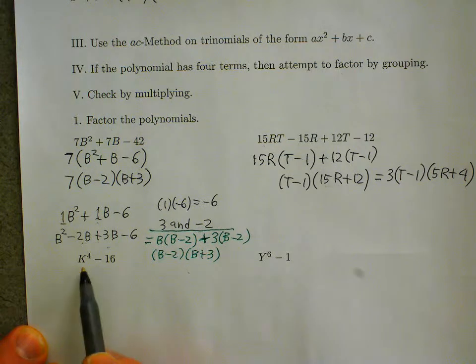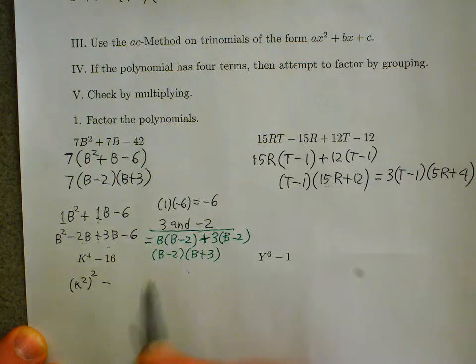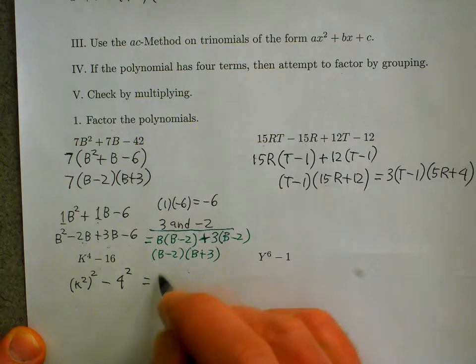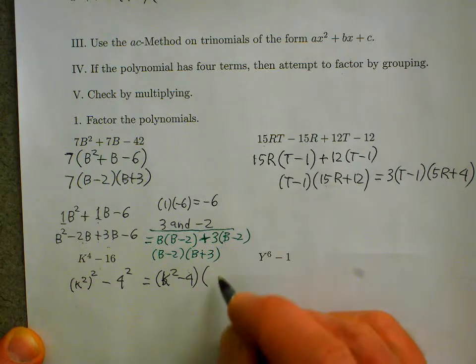But if you think of k to the 4th as k to the 2nd to the 2nd, and think of 16 as 4 to the 2nd, then factor this as a difference of squares. So something squared minus something else squared. We have k to the 2nd minus 4 times k to the 2nd plus 4.